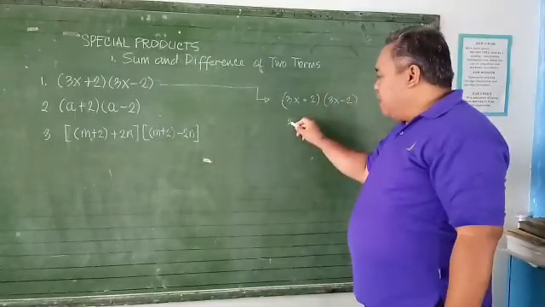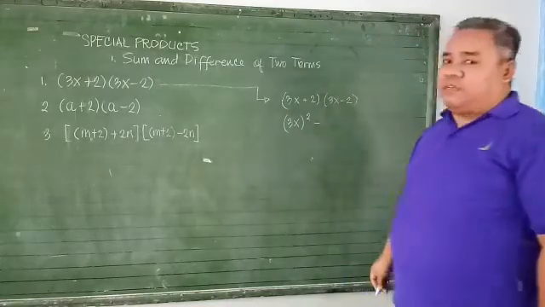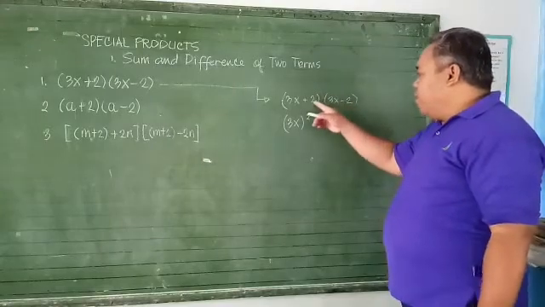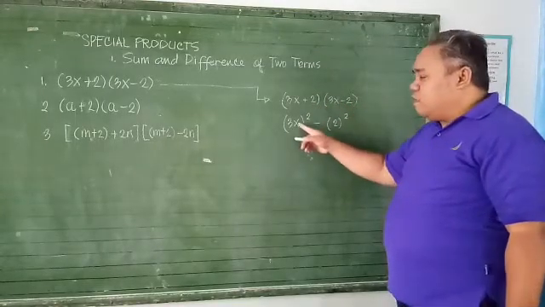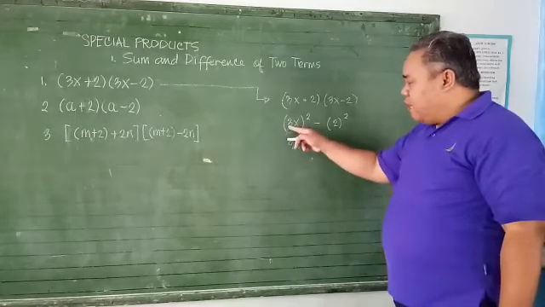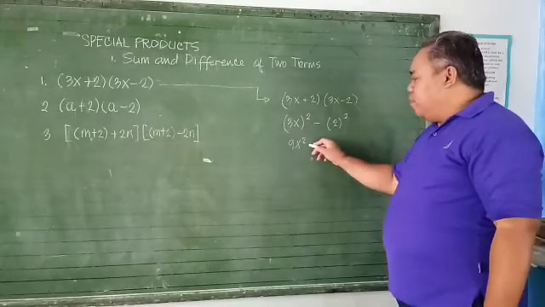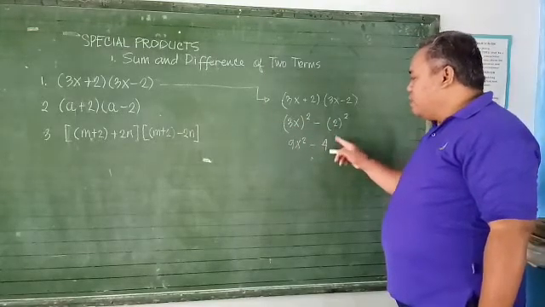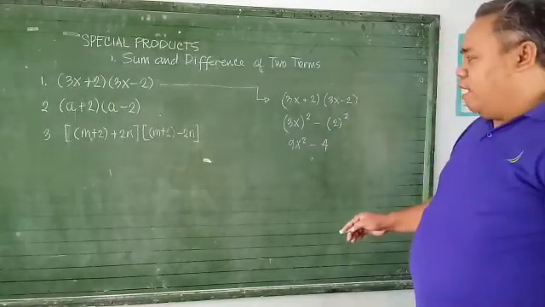So that is (3x) squared minus the square of the second term, that is 2 squared. And then solve this one, it gives you 9x squared, kasi 3 times 3 is 9, and x times x is x squared, and minus 4, as the square of 2 is 4. So that is for number 1.